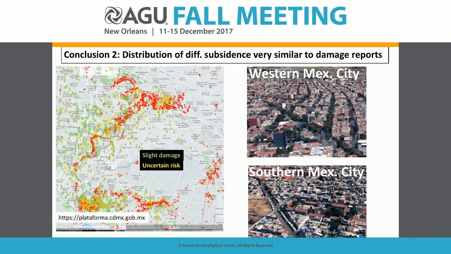Actually, I think that conclusion is not so correct, because the distribution of the subsidence coincides with the transition zone, and the transition zone is related in this case with the collapse of buildings. So I think that is true for the western part of the city, but for the south it is not true. In the other analysis we have done previously, we can see that the transition zone does not match very well the subsiding zone of the city.